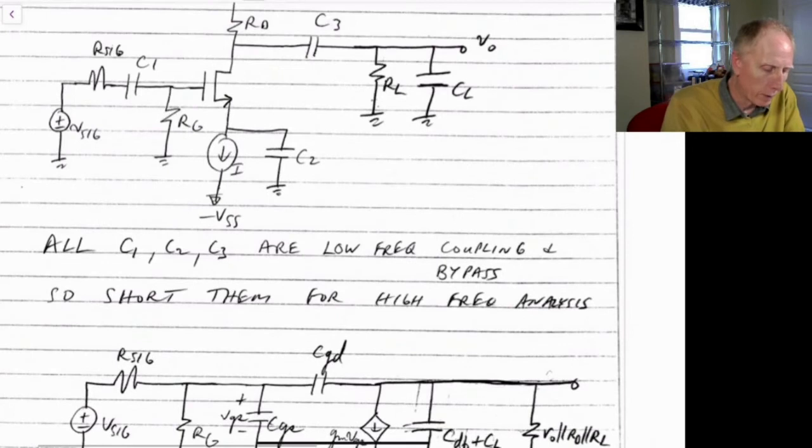That load is just this load up here. Because we'll have some output load, we have to drive another stage, and that stage itself will have some input capacitance associated with it, which we need to include when we're looking for the high frequency performance of this amplifier.